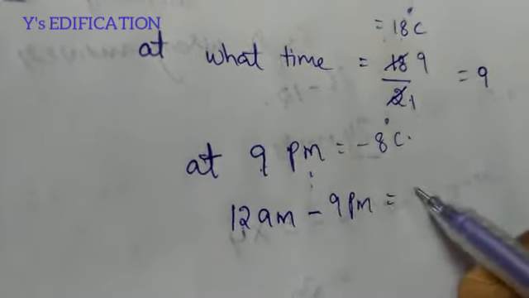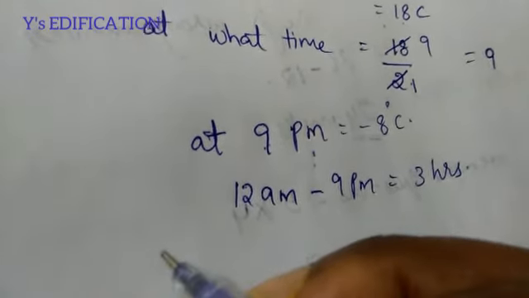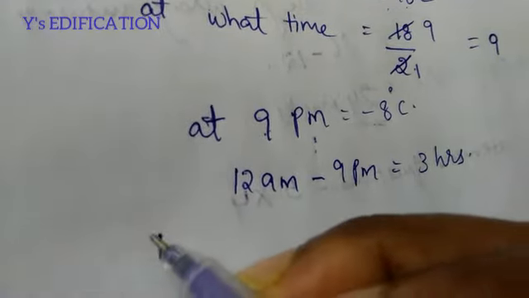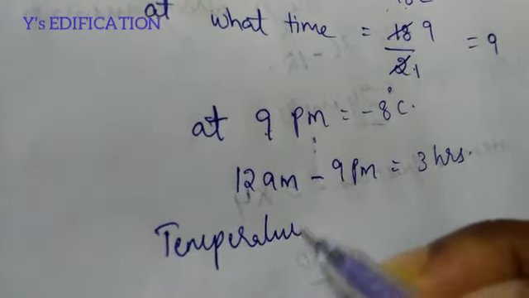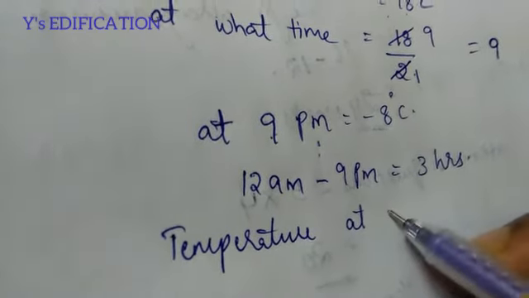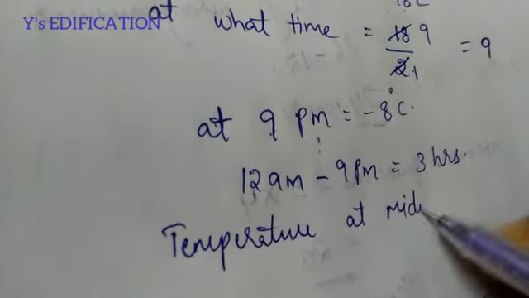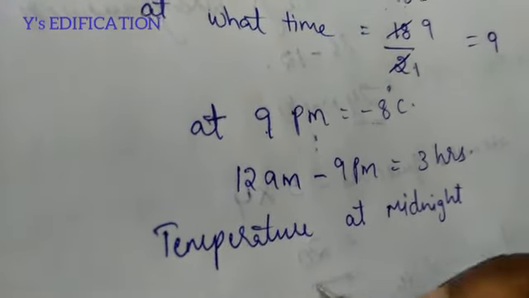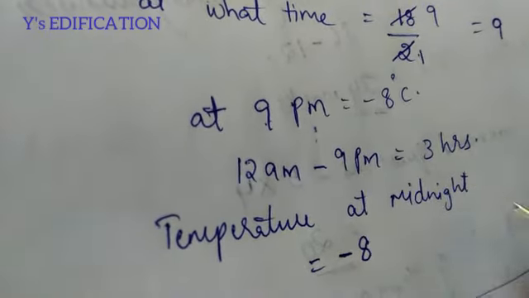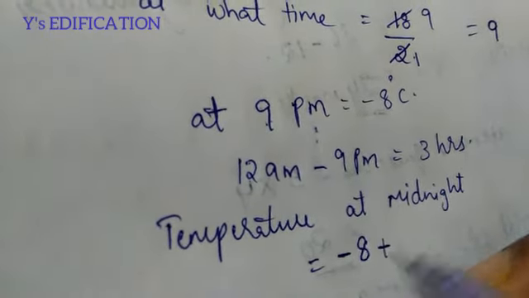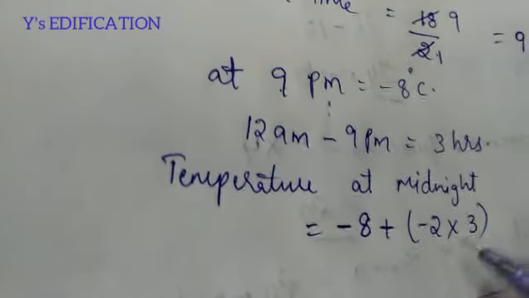It is 3 hours. So to find out the temperature at midnight: the temperature at 9 p.m. is -8, plus we have to add another 3 hours at the rate of 2 degrees.